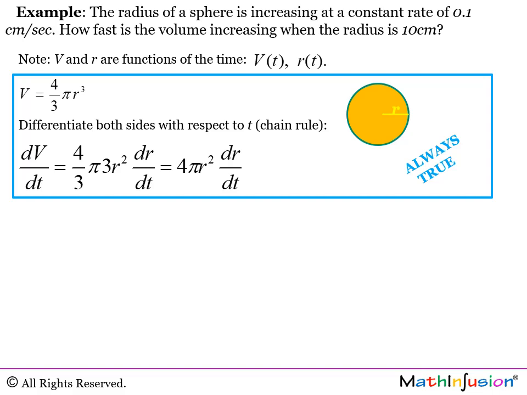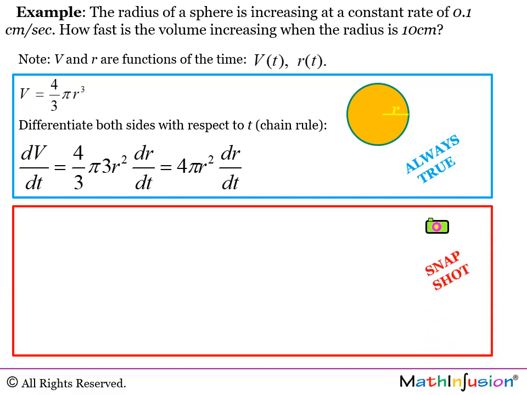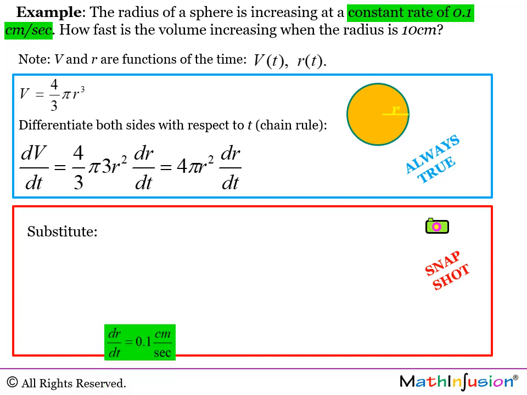Now we have to focus on the snapshot. We read again the problem and we see what we need to substitute. First of all, the radius of the sphere is increasing, so it means the dr/dt is positive. Constant rate of 0.1 centimeter per second.